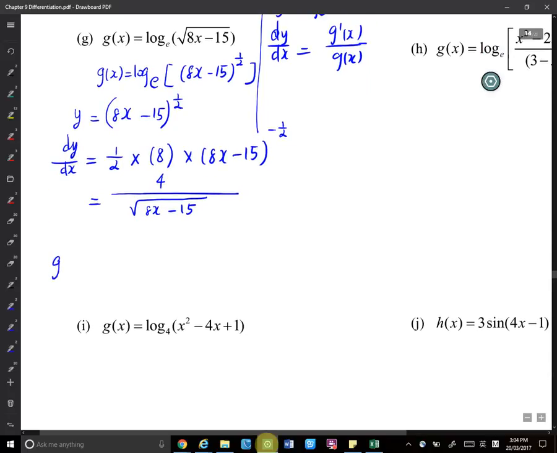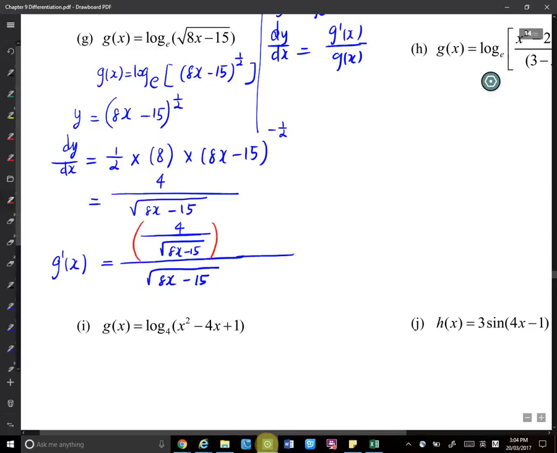So what is g dash x? g dash x will be the derivative of what's in the bracket over whatever you have in the bracket. How can I simplify this?